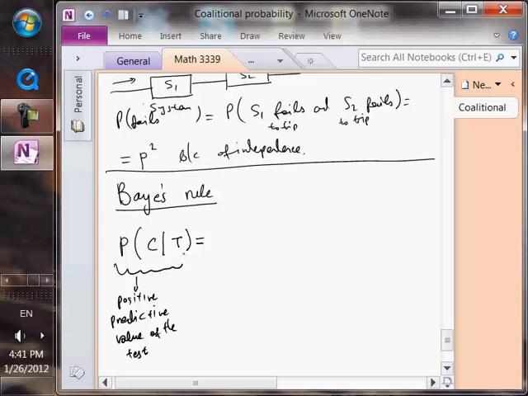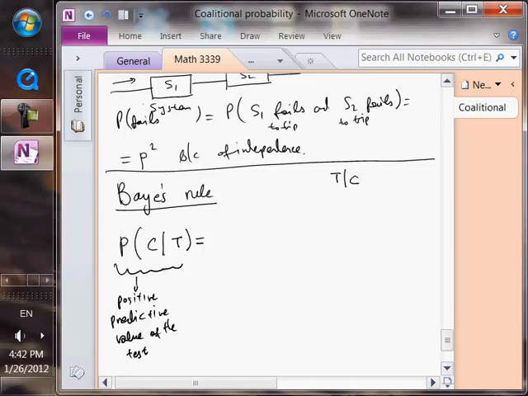And see how I have reversed the conditions. The hit is T given C. Now I have C given T, which means the event to have the condition given that I have a positive test result.